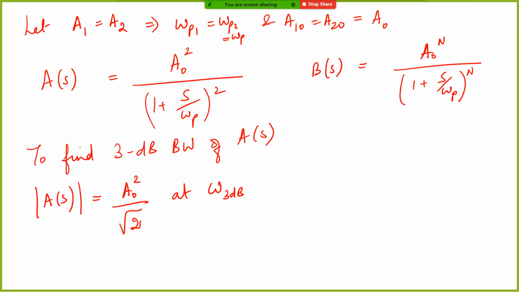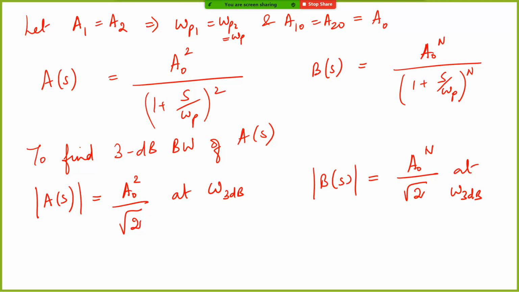So you find A of j omega. For the sake of convenience, since all of you are fairly well versed with mathematical things, let me derive it for the general case, B of S. Then it becomes easier. In other words, the magnitude of B of S becomes A naught to the power of n divided by root 2 at omega 3 dB.